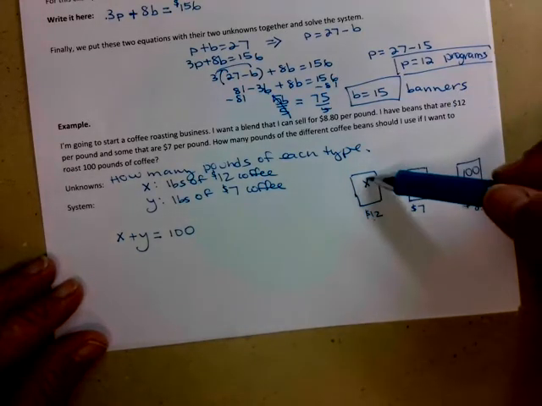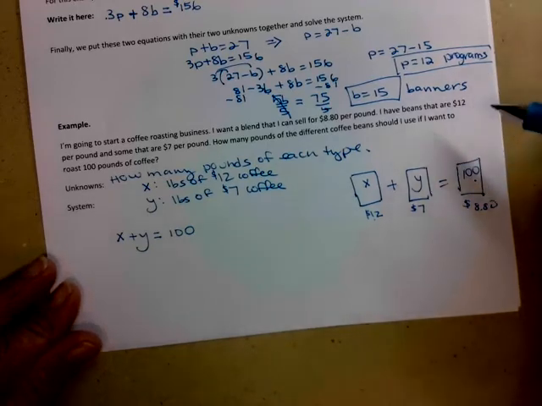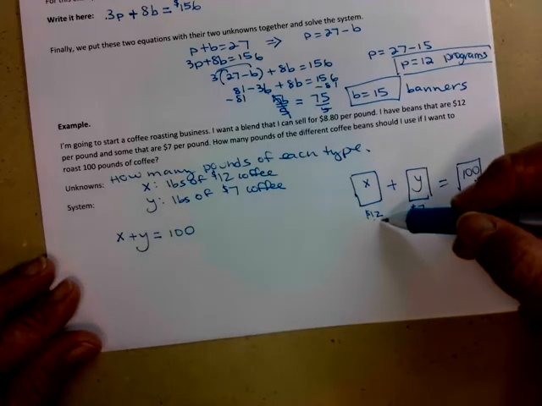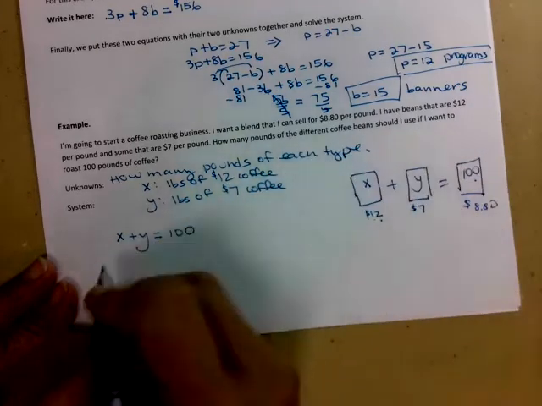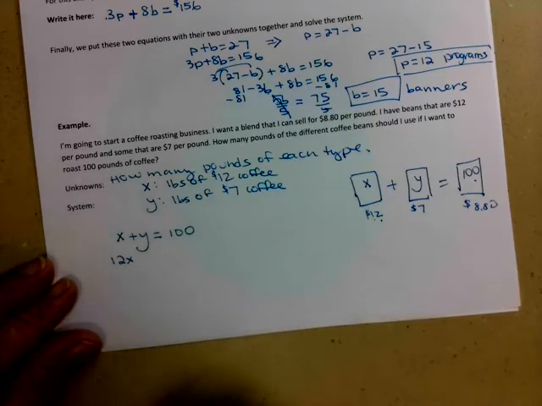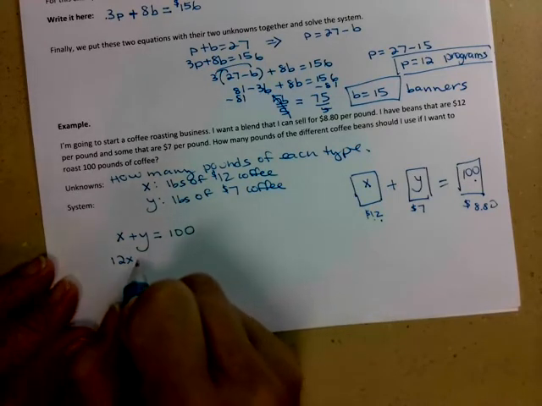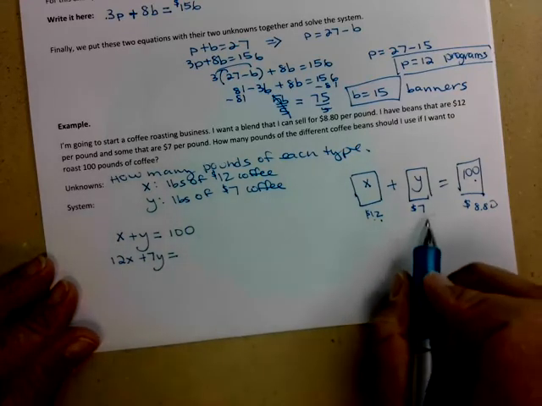Right, so one equation is X plus Y equals 100. The second equation is about how much money is going in. So it's $12 for every pound of the X, so that's going to be 12 times X. That's how much value is being contributed by the expensive coffee. 7 times Y for the cheap coffee.